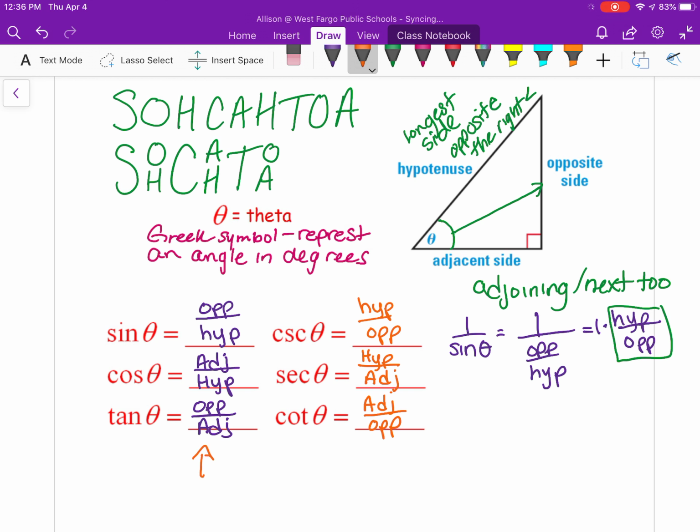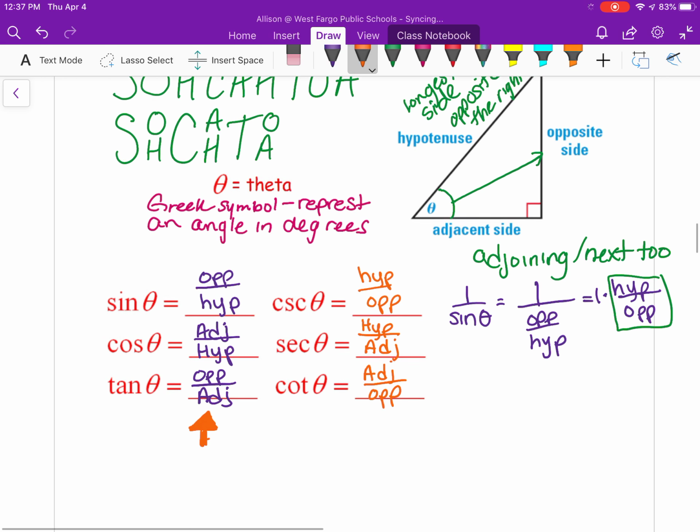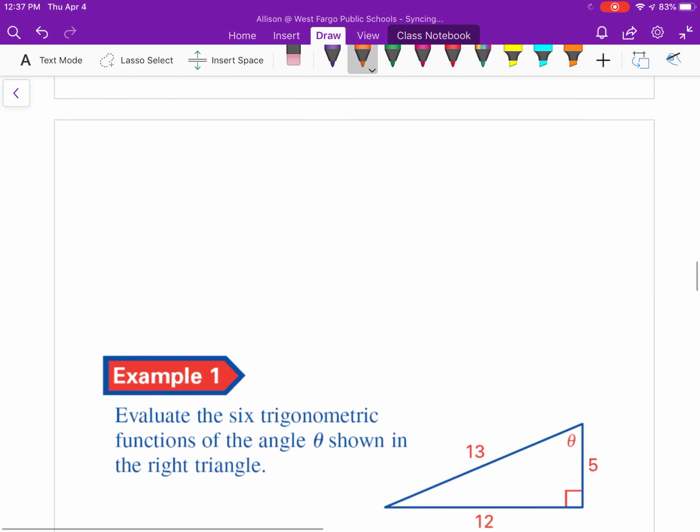Knowing these will help you find the reciprocal functions, and then just remember that cosecant goes with sine and cosine goes with secant. I think I said inverse in the beginning, but reciprocal is the word I was looking for, not inverse.